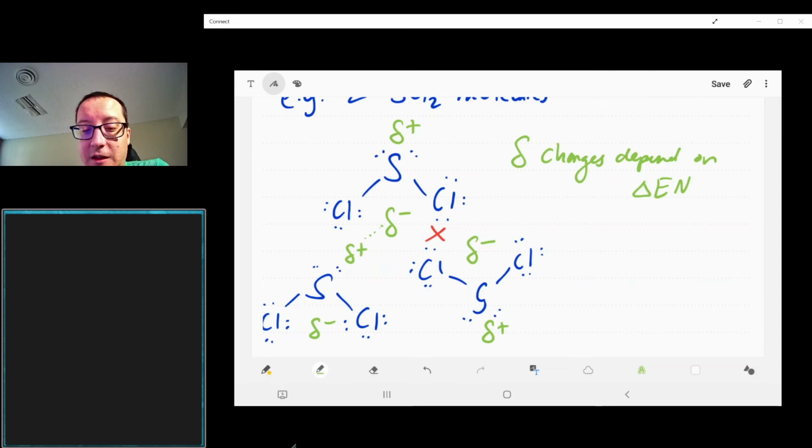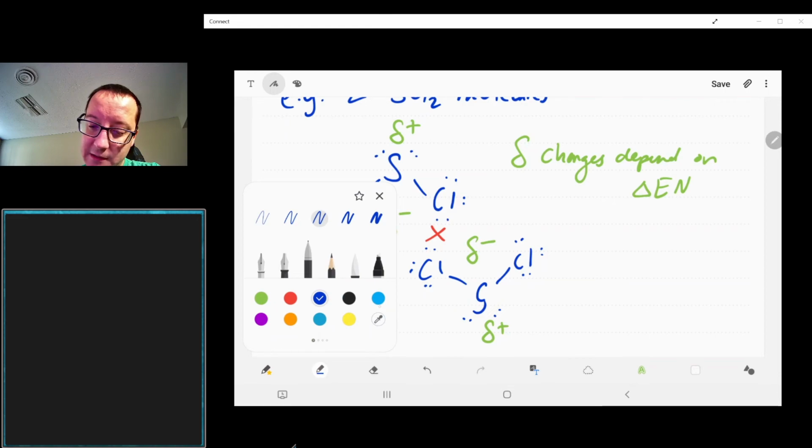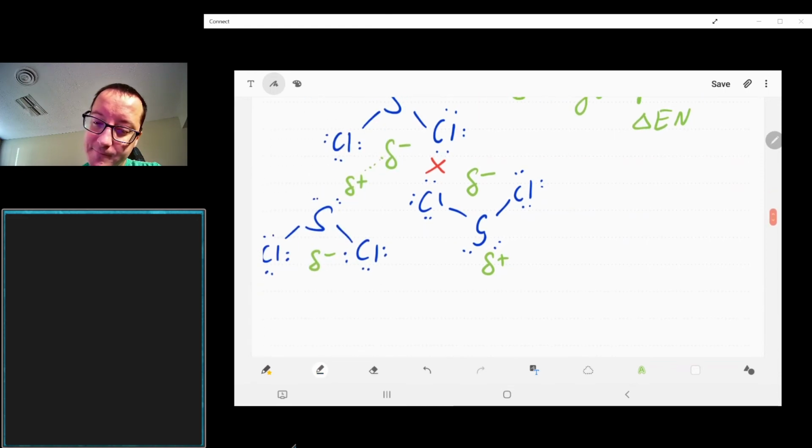This is not, again, going to be a super strong interaction. Nothing near the level of an ionic bond like sodium and chloride put together. But this is still going to be an important force. This is going to dictate some of the physical properties that sulfur dichloride will have. We call this particular interaction, let's write it in black, why not?